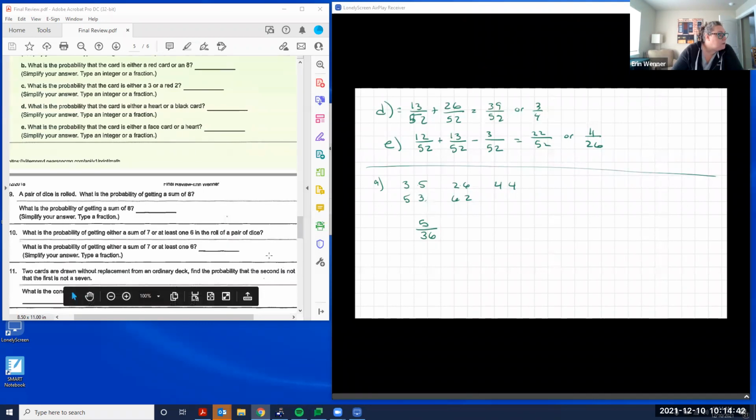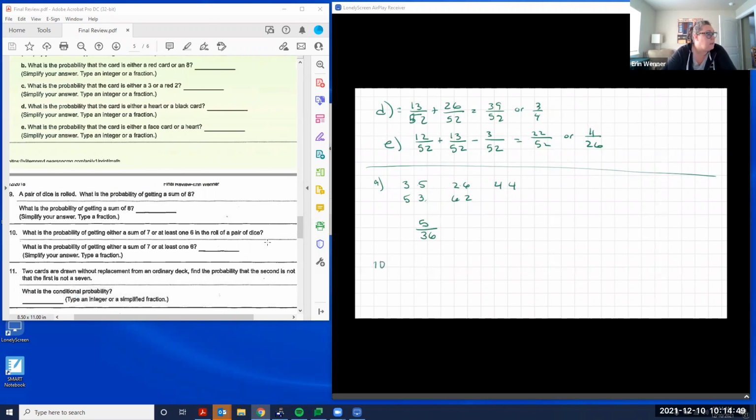So now thinking about the same dice, let's look at number 10. It says, what is the probability of getting either a sum of 7 or at least one 6 on the roll?